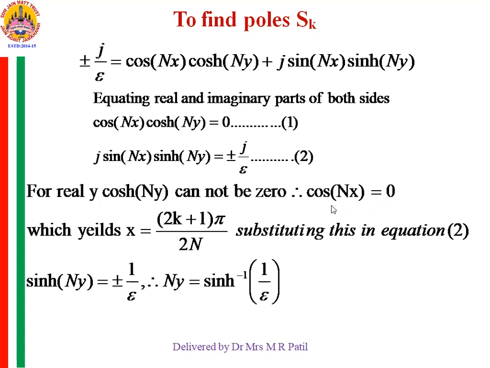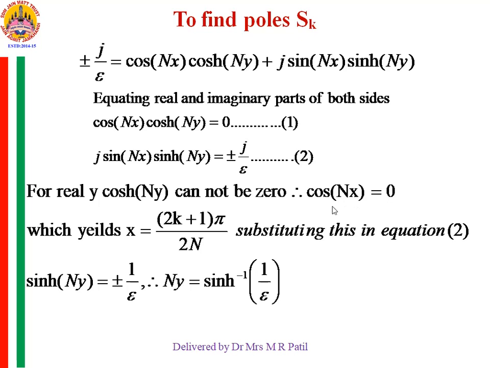So at what condition will this cos nx be equal to 0? If the value of x, this theta, is odd pi by 2, at that time cos of n pi by 2, where n is odd, this value will become equal to 0.